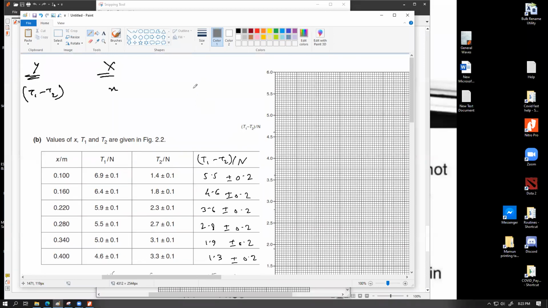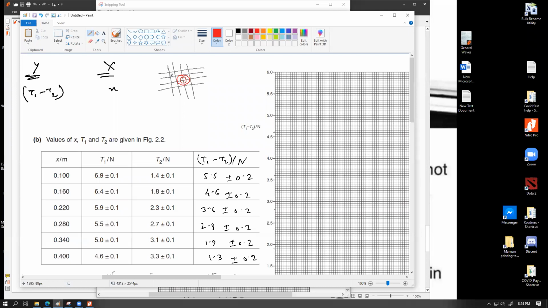If this is your grid and you're trying to plot this point, preferably draw a circle of half the box size radius, a small circle. Some teachers might tell you to draw a full circle of this much; this is also acceptable in some cases. This is the biggest size you can draw, this is the smallest size you can draw if you're going for circles.